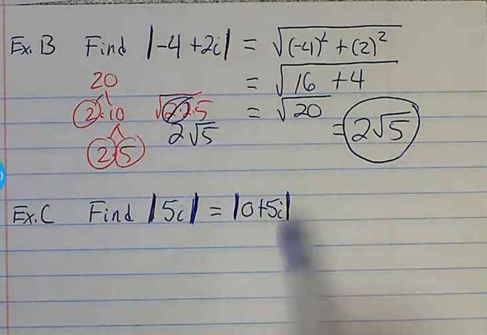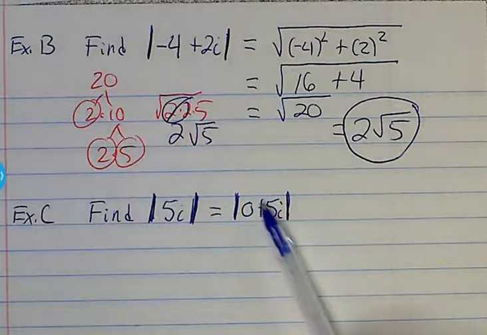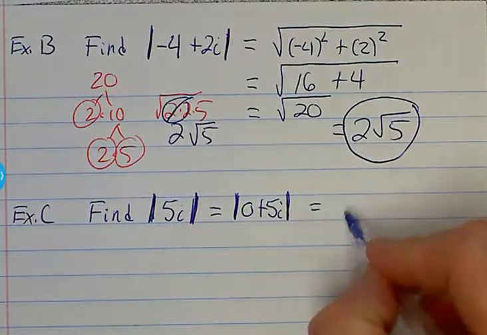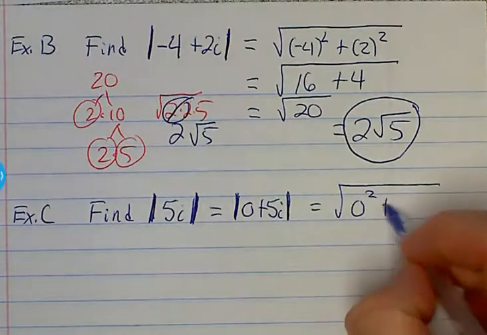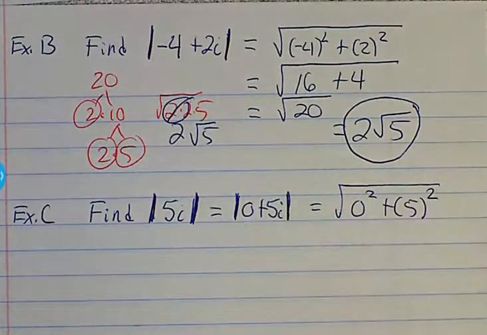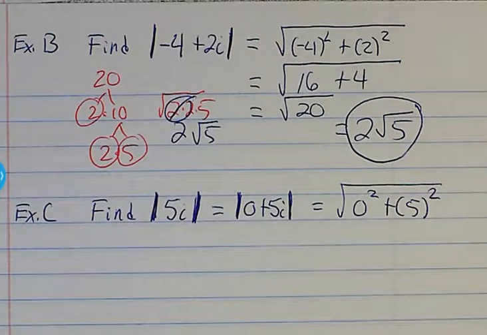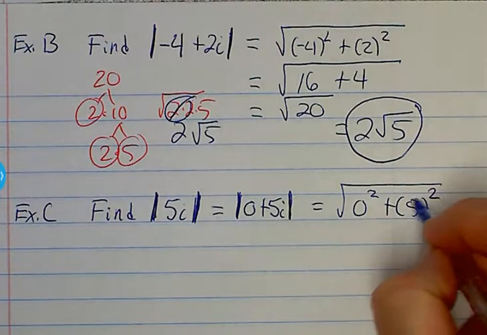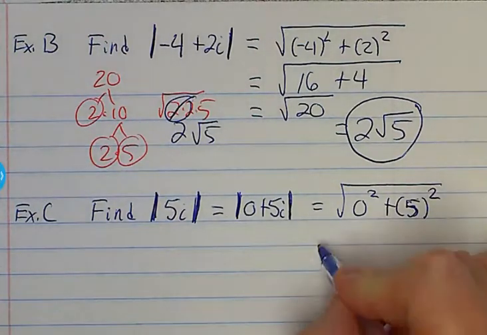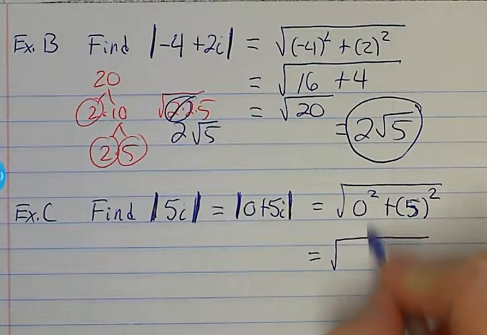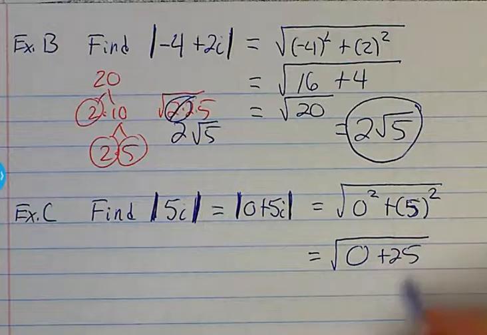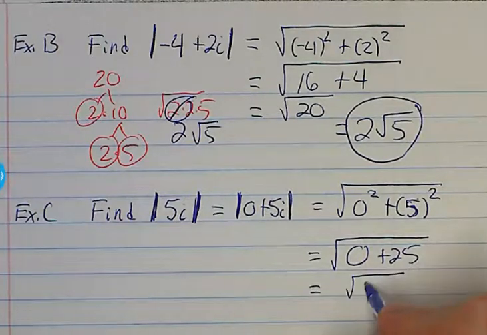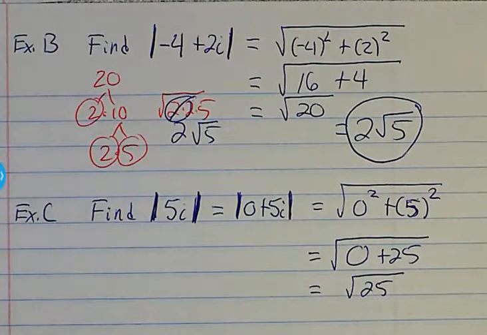And you can do it a couple of different ways, but if you want to go ahead and do the absolute value, well, that's 0 squared plus 5 squared. Zero squared is 0, 5 squared is 25. When you add those two things together, that's just 25.